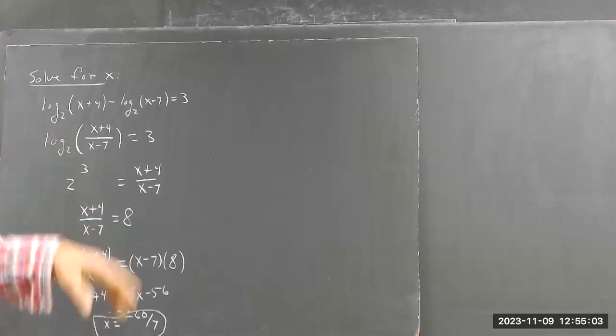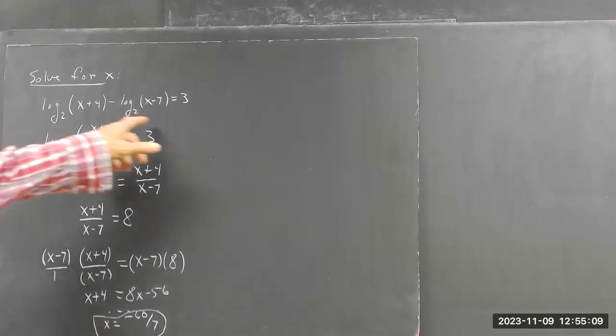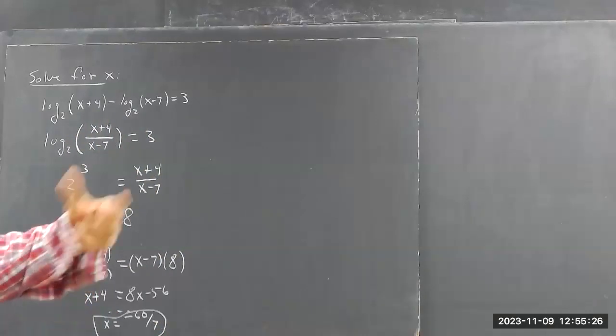So a couple things you want to remember. In the assignment that's coming up, you're going to get well versed in how to use those rules for logs. And there's only basically a couple of them. If you add logs, you multiply. Subtract logs, you divide. That's just like adding.